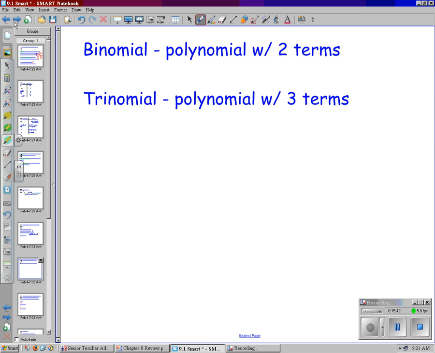Binomial 2. Trinomial 3. Monomial 1. Polynomial? Many. It's 1 or more, yes. How about 4 terms? Any name for a 4 term? Nice try, but no, there's no name for it. Poly, mono, bi, and tri. That's it.